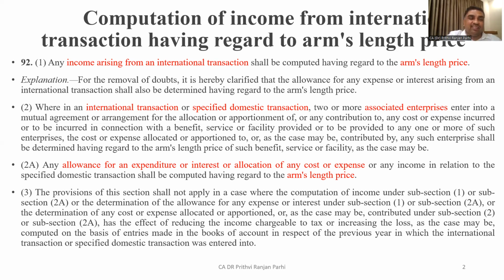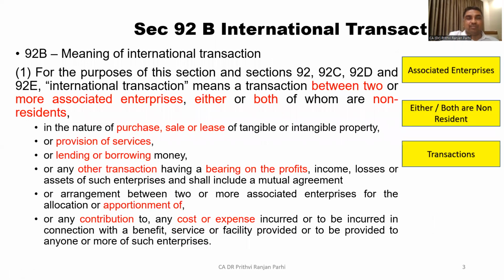All right. This provision also says any allowances for expenditure, interest, cost, expenses, these are the things which are allowed to compute taxable income, right? So all these allowances shall be computed having regard to arm's length price. So there is a need to compute arm's length price if the transactions are covered as international transactions or specified domestic transactions between associated enterprises.